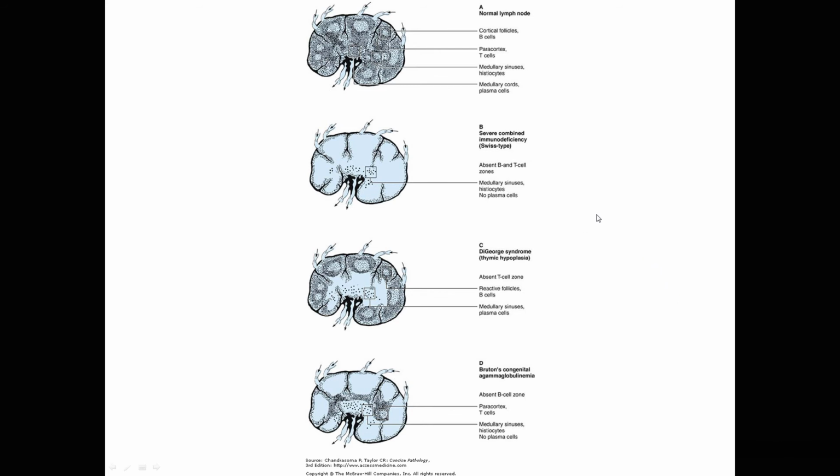The most severe primary form is the so-called severe combined immunodeficiency disorder. It combines lack of both T and B cell zones. They are empty, a combined deficiency, which is the consequence.